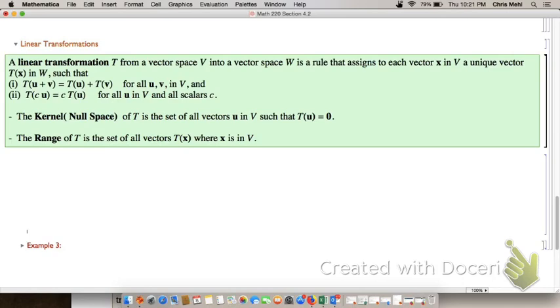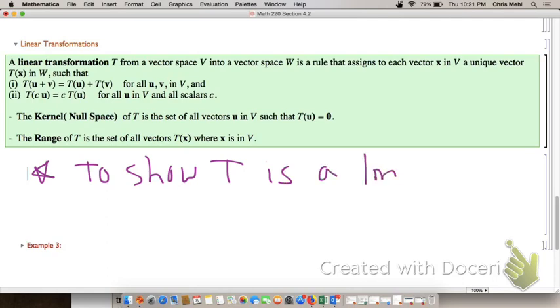Okay, and then another fact that I should share here is that if you wanted to show that something was a linear transformation, remember you have that starred property.